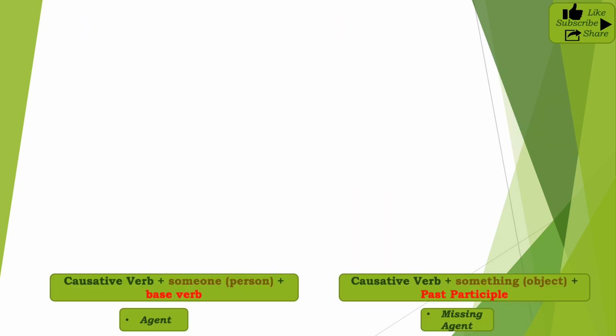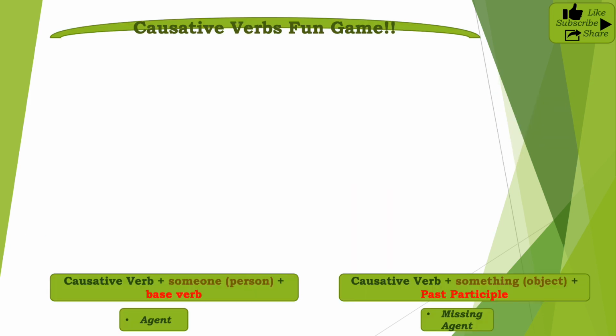After learning about causative verbs get and have, it's time to have a causative verbs fun game. I have given you the structures with agent and missing agent on the screen.